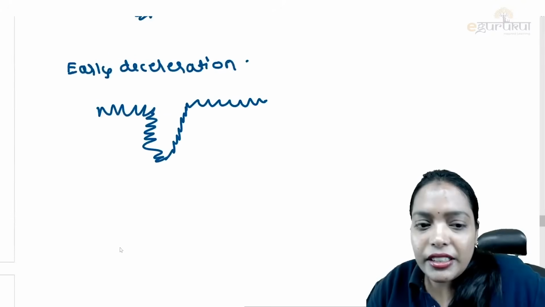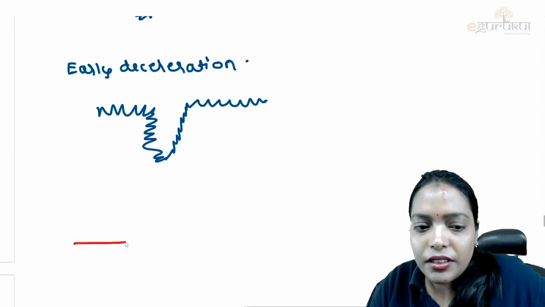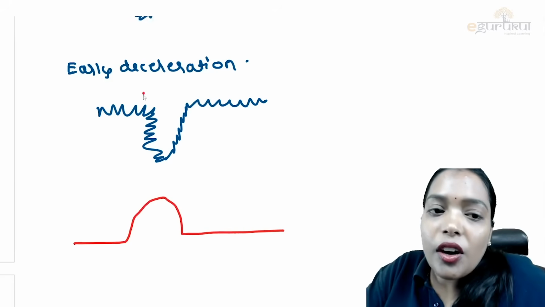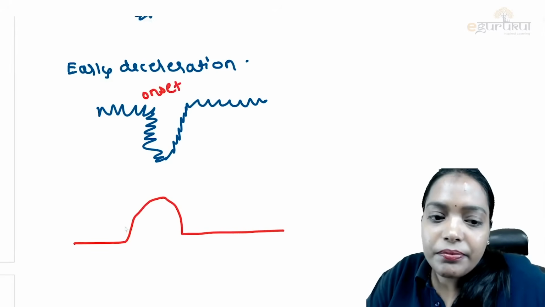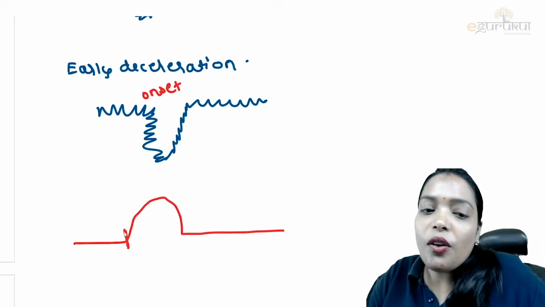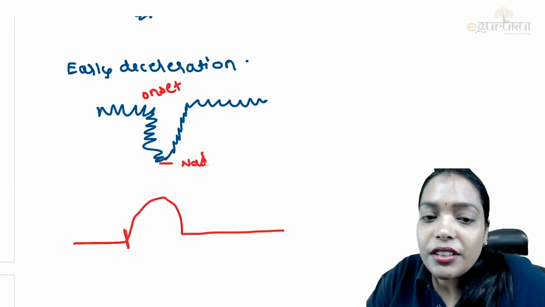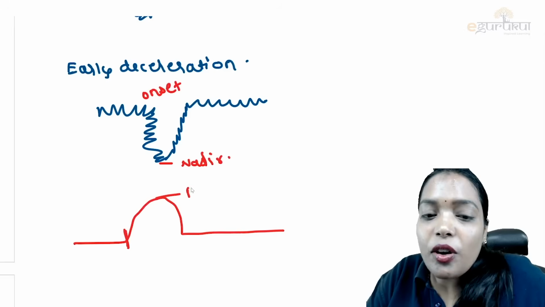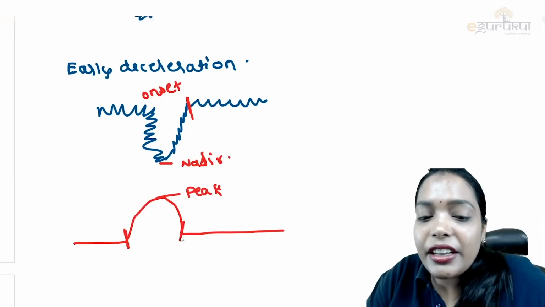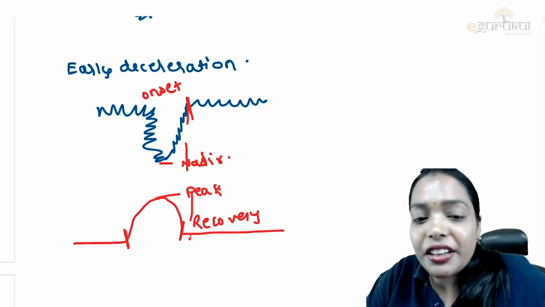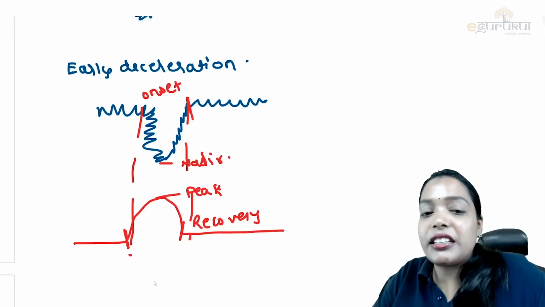So in early deceleration, the onset of deceleration and onset of the contraction, nadir of the deceleration and peak of the contraction, recovery of the deceleration and recovery of the contraction. When everything is matching, then we call it early deceleration.